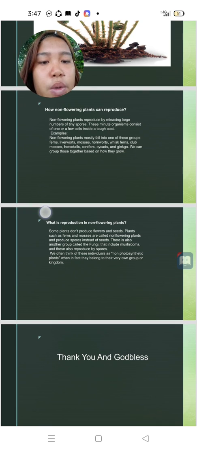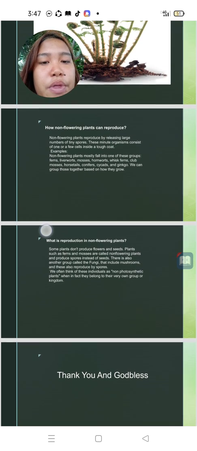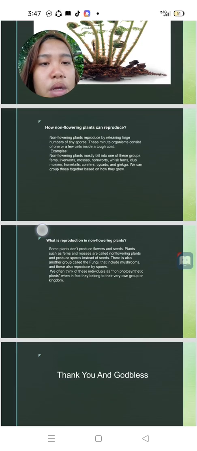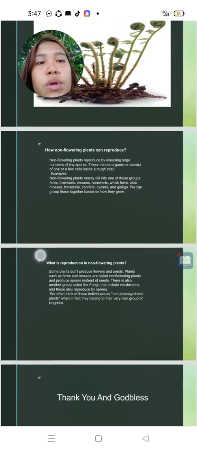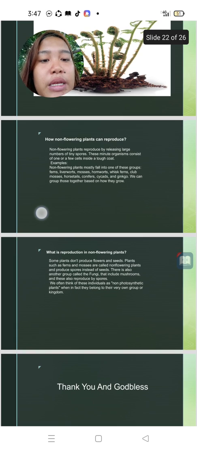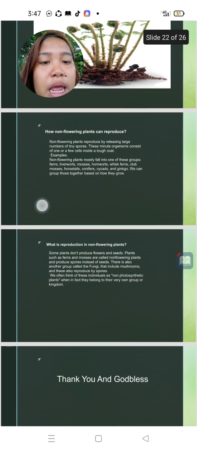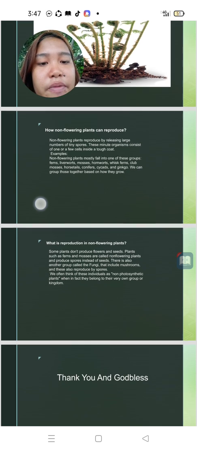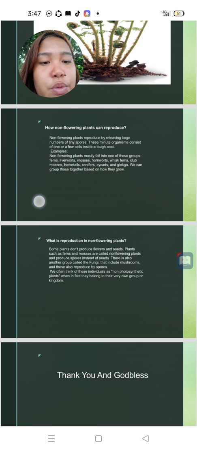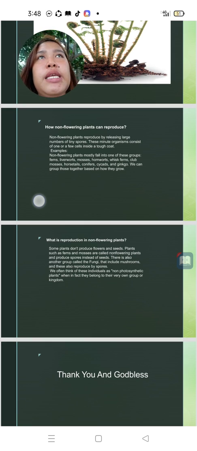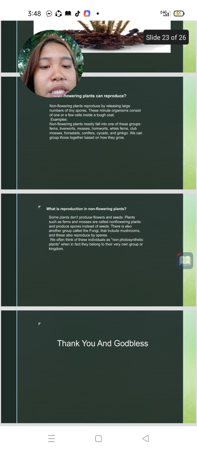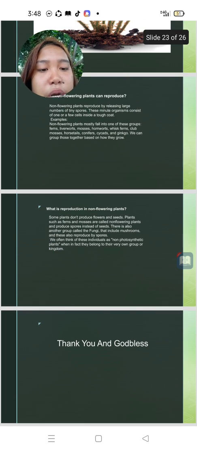We can group those together based on how they grow. So for non-flowering plants, what I said, guys, is that they do not bloom, like mosses, ferns, and liverworts. Hornworts, ferns, these are examples of non-flowering plants. So let's proceed. What is reproduction in non-flowering plants?